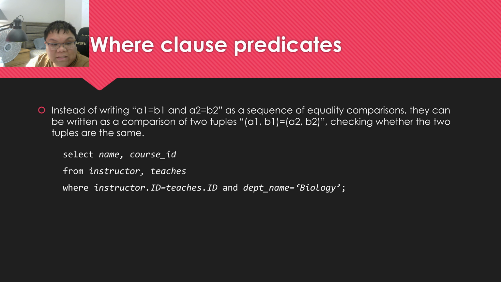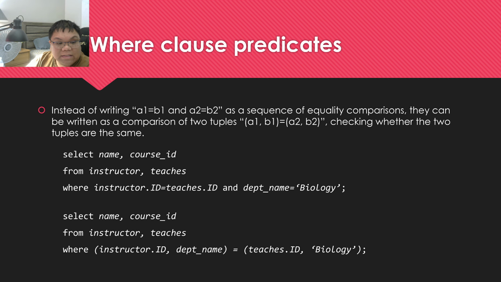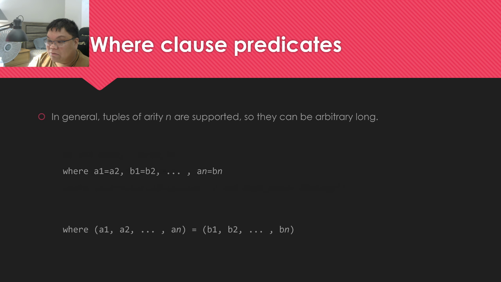This is an alternate way to write the same thing, where (instructor.id, department name) equals (teaches.id, 'biology'). And this works for any arbitrary tuple of arity n.